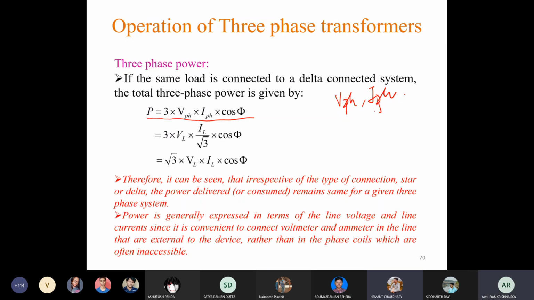Here it is easier to access the output terminals, which are external to the device, and we can connect a voltmeter across the line terminals, and an ammeter in series with the line. So that is why we use this expression, because VL and IL are easily measurable.